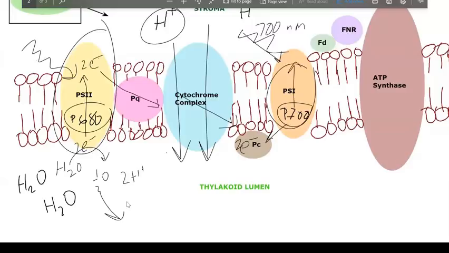And these electrons, which are the same from earlier, are going to be used to reduce NADP+ to NADPH.